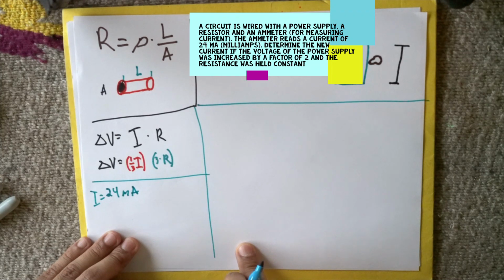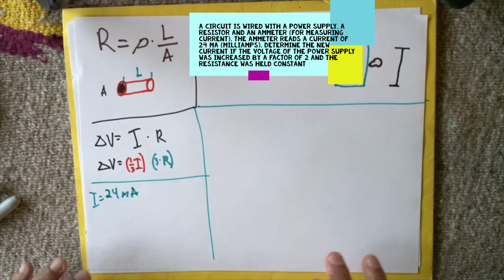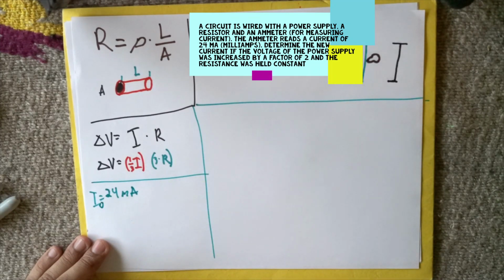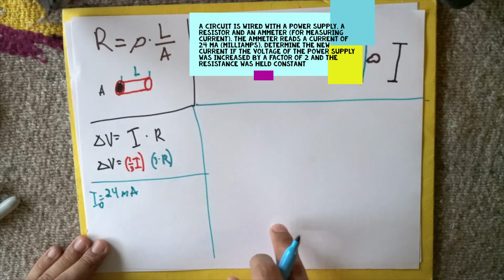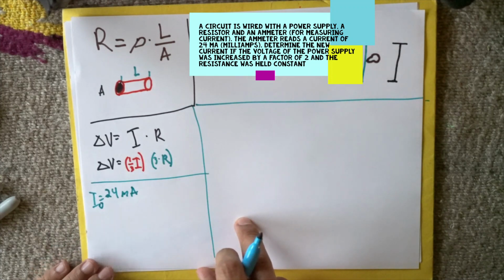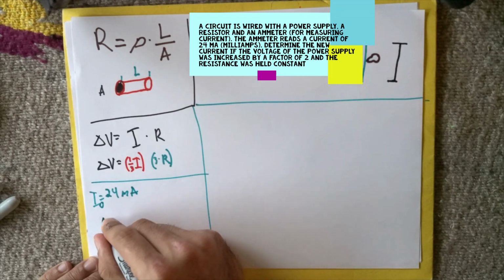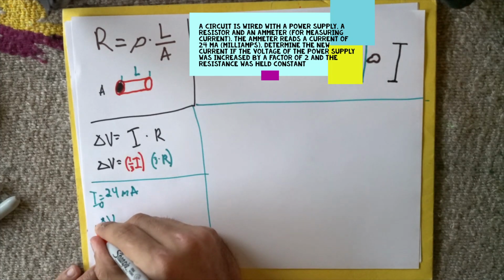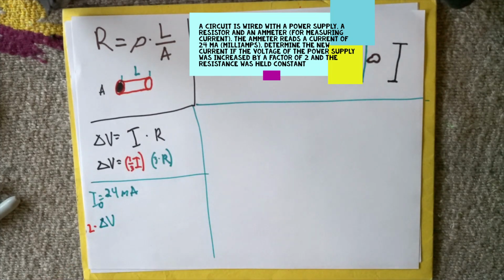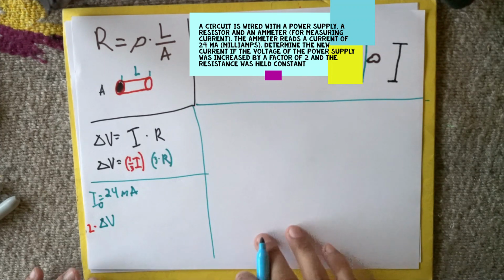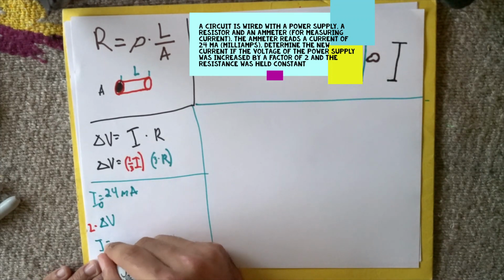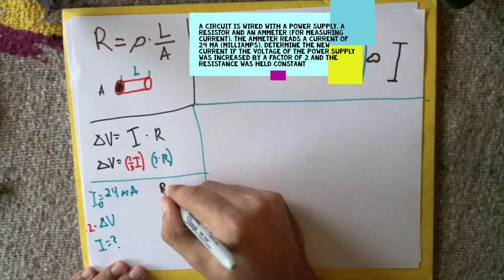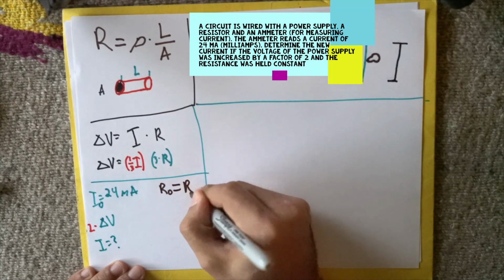Determine the new current if the voltage of the power supply, so this is my original current, I'll call it I naught. So determine the new current if the voltage of the power supply was increased by a factor of 2. So if my old voltage was increased by a factor of 2, that means times 2, what is going to be my new current I, if my resistance stays the same. So resistance naught equals my new resistance.